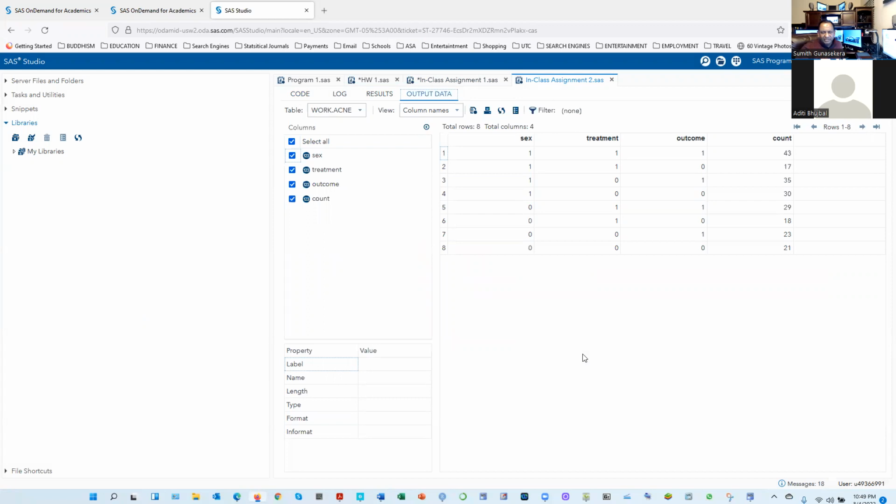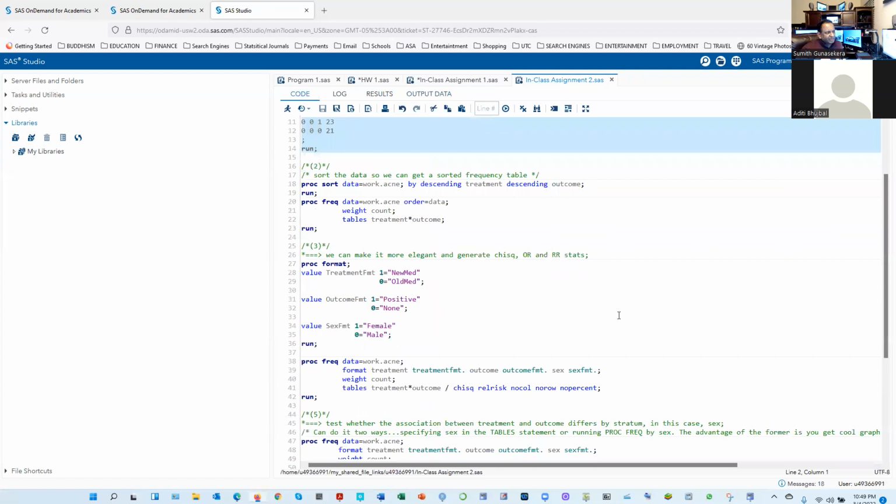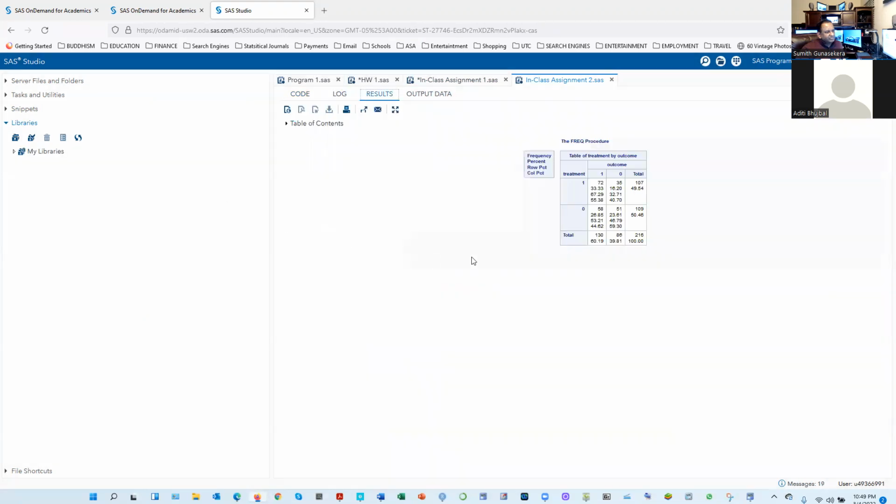Then create a frequency table for cross classification. Tables, treatment and outcome. Count. If you want, you can get this one. Outcome and treatment.